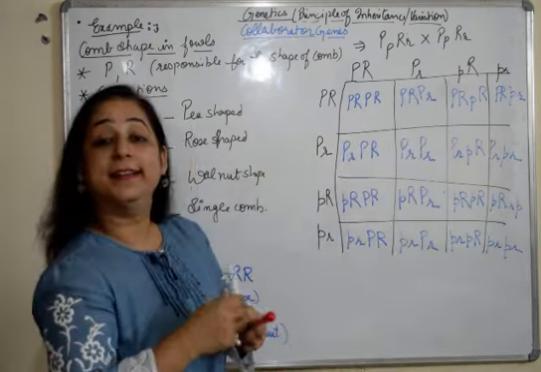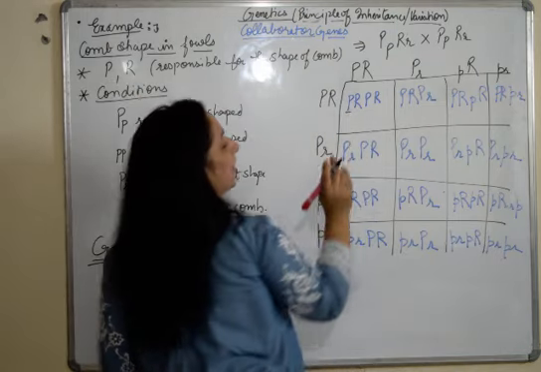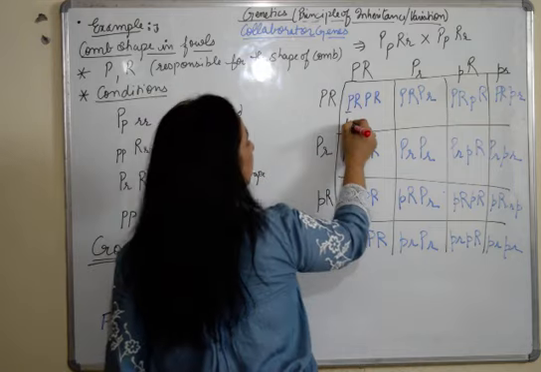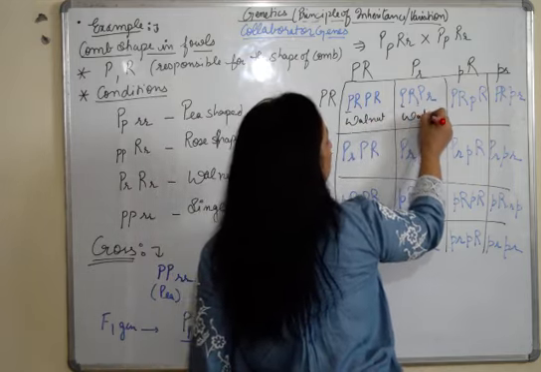So what do we get here? Quickly, both P and R dominants are present. That means it's a walnut case. P and R dominant, walnut.